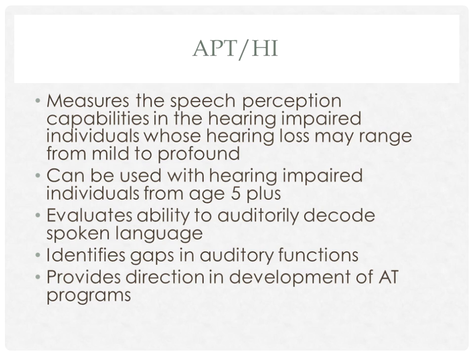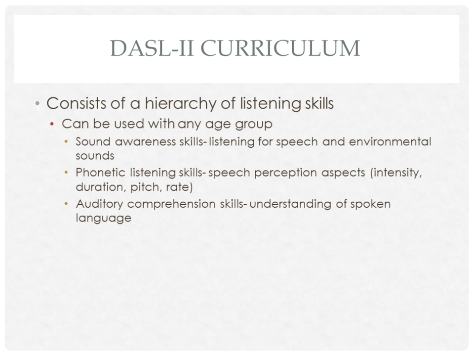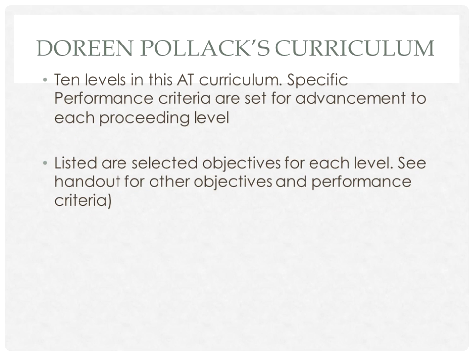The APT, again, is an assessment that measures the ability to auditorily decode spoken language, and then you move into the appropriate level. The DAZZLE, again, is a hierarchy of listening skills: sound awareness in the beginning, but then speech perception, intensity, duration, pitch, and then auditory comprehension of actual words, consonants, vowels, words.